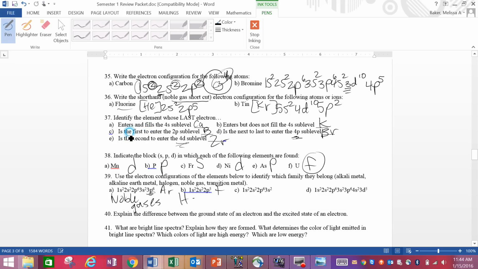Fluorine is in group 7A. Those are called the halogens. 3s2 ends on magnesium. Those are called the alkaline earth metals. Letter D, this one ends in 3d5. That's manganese. That's a transition metal.